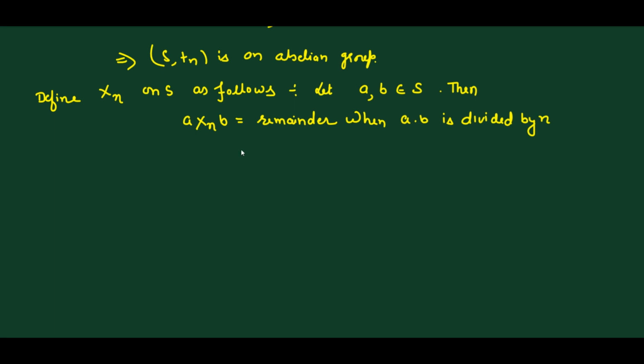Since ab is divided by n, this operation will give you the remainder. So you can write this as ab minus nq, where q is the quotient when ab is divided by n.